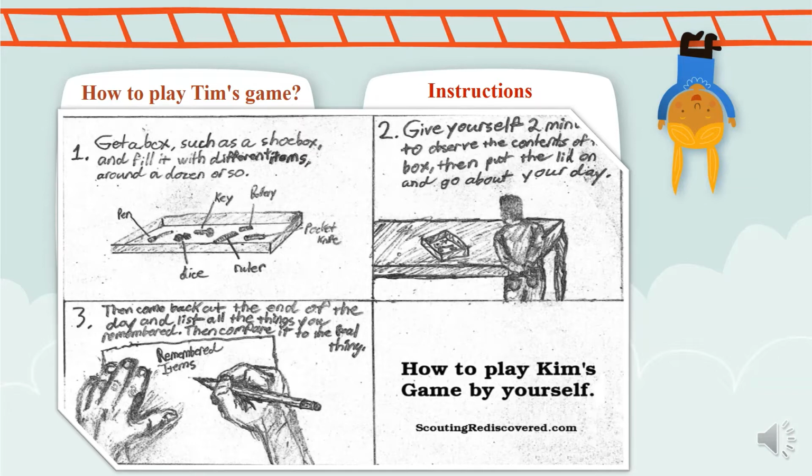In the third part, what you have to do is something easy, easy if you have a good memory, but that's the game. You have to write on a piece of paper or whatever you want the objects that you remember.